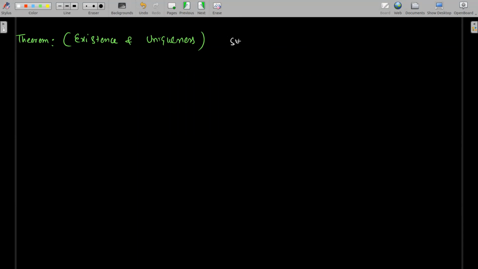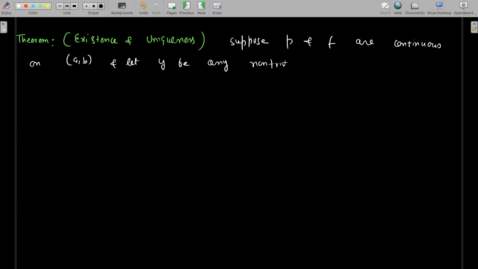So let us suppose p and f, they are continuous on some open interval (a, b), and let y be any non-zero or non-trivial solution of the homogeneous equation, which is y dash plus py equals to 0 on the open interval (a, b).